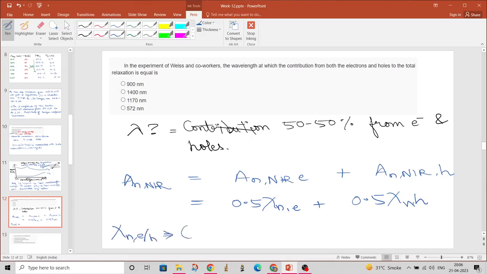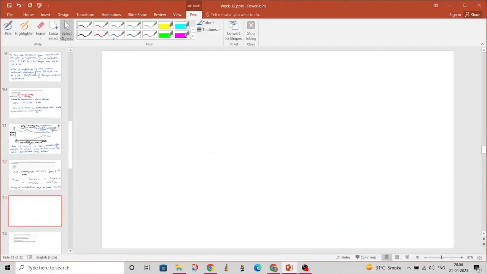E or H is the contribution of electron and hole in the nth mode of decay. So here we need 50-50% contribution, so it will stay the same for all the wavelengths.